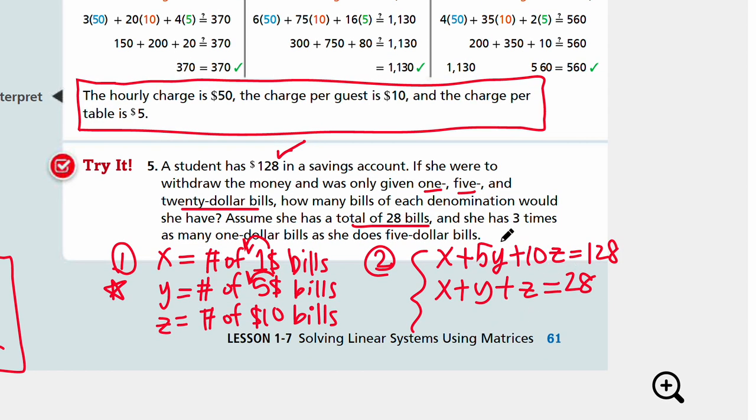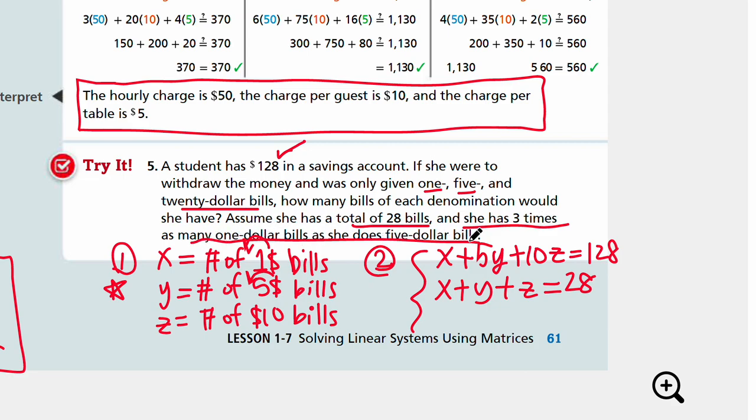Okay? So, and we have one more. She has 3 times as many $1 bills as she does $5 bills, right? Does that mean she has more $1 bills or does she have more $5 bills? Which one is more? 3 times as many $1 bills. That means she has more $1 bills, right?